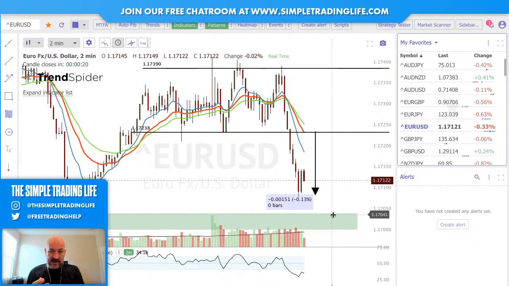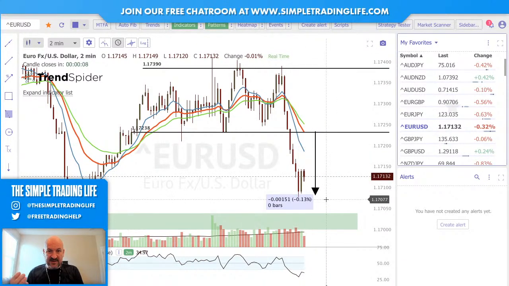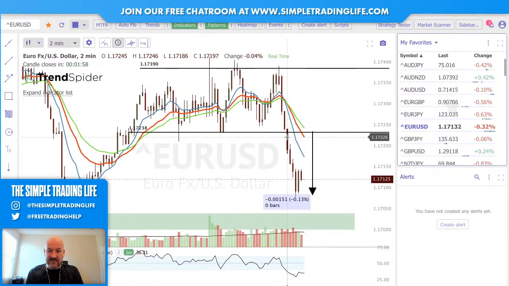Then another way of doing it is you simply stay in the trade as long as price is below the 10. So if the 10 keeps coming down and price is below it, you just stay in the trade and you keep trailing your stop. So let's just say you started with a 5 pip stop. Once it moved maybe 10 pips, then you move it slightly into profitability.